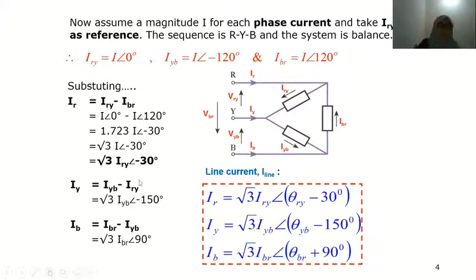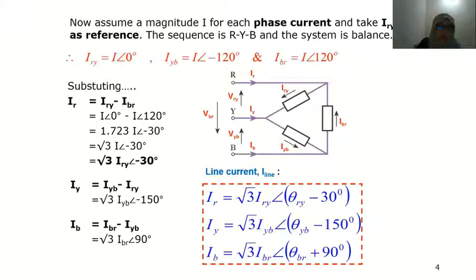So your IY is equal to I phase YB minus I phase RY. Finally, from the calculation, this gives you IY equal to square root 3 I phase YB, with minus 150 degree angle.